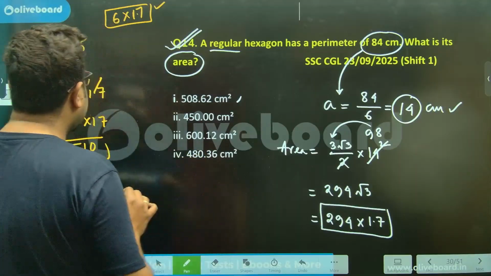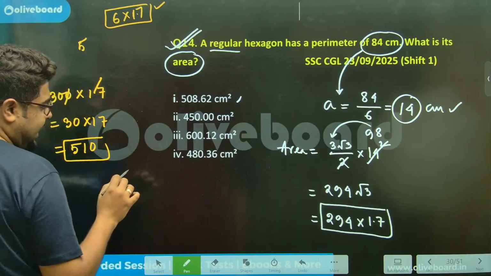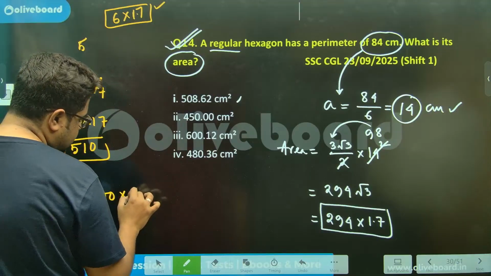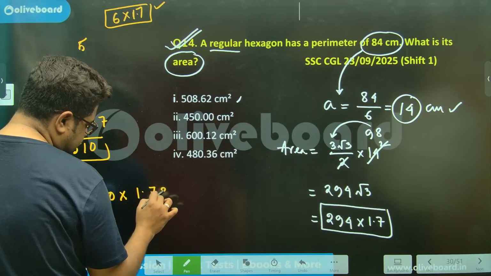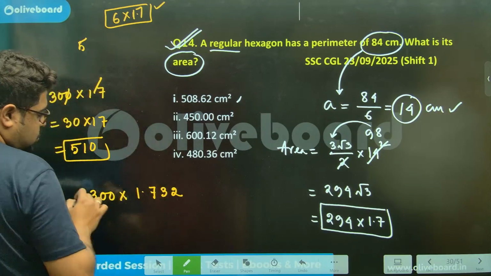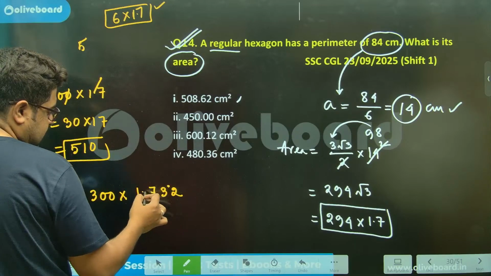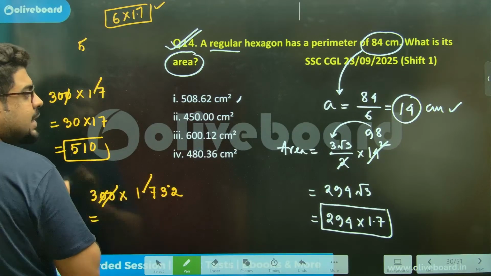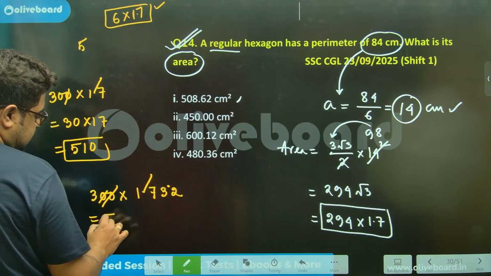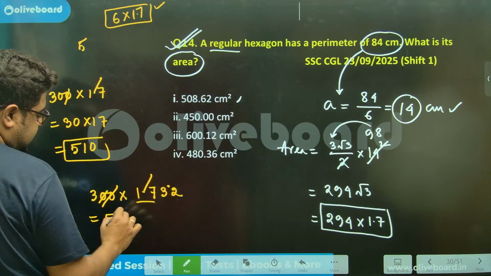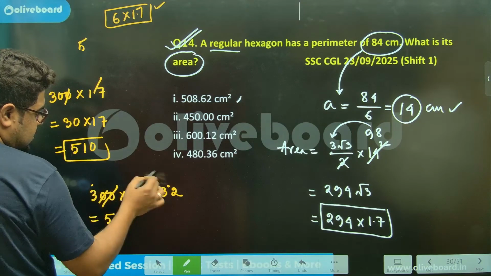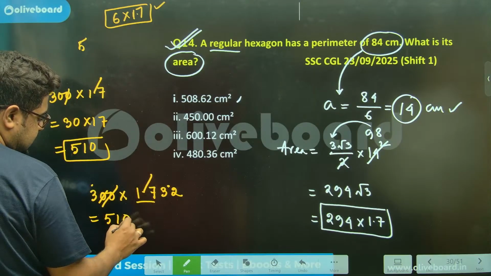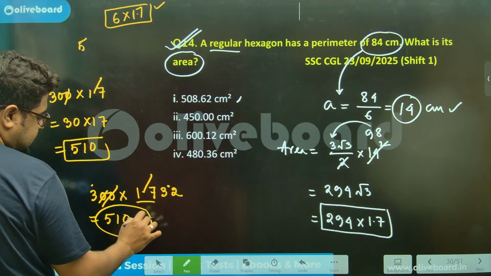But yes, one thing can happen. We are taking only 1.7, but the actual value of root 3 is 1.732. If they are asking us to do this, then it can be a different story. So 170 into 3 is 510, and 3 3s are 9, giving 519.6.